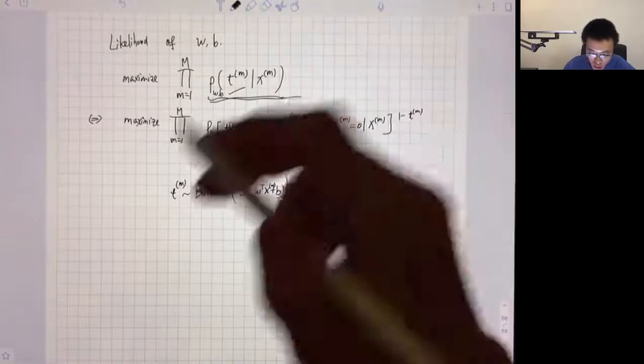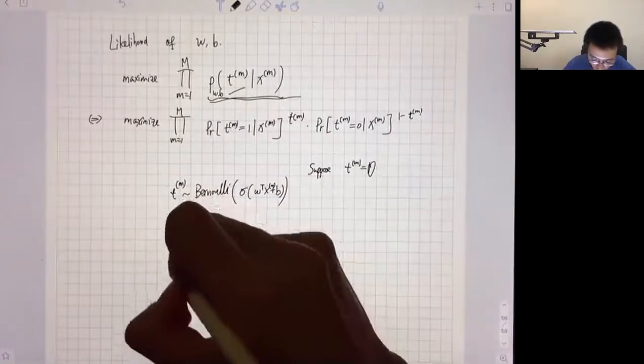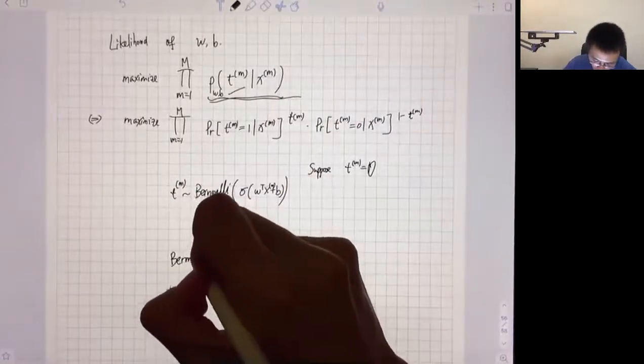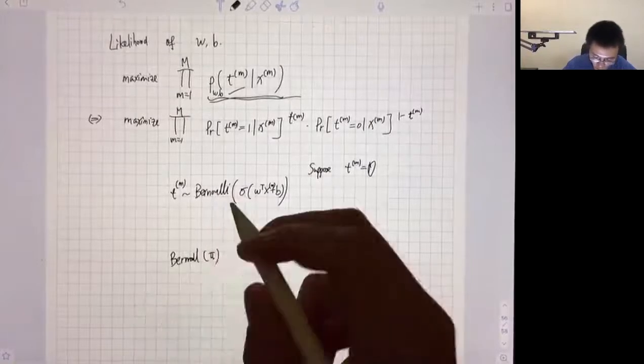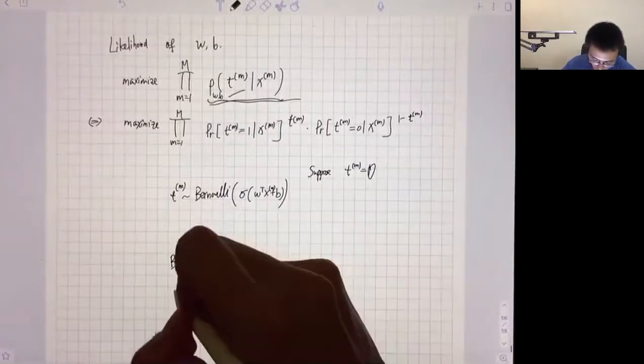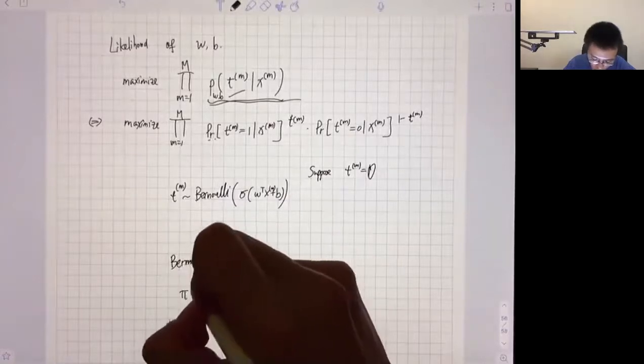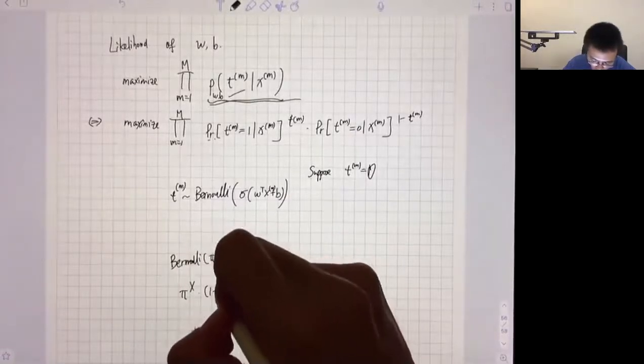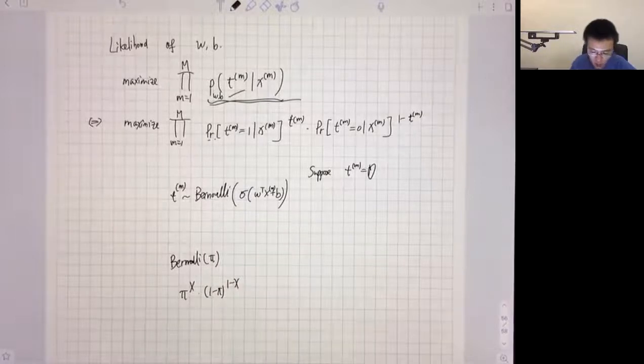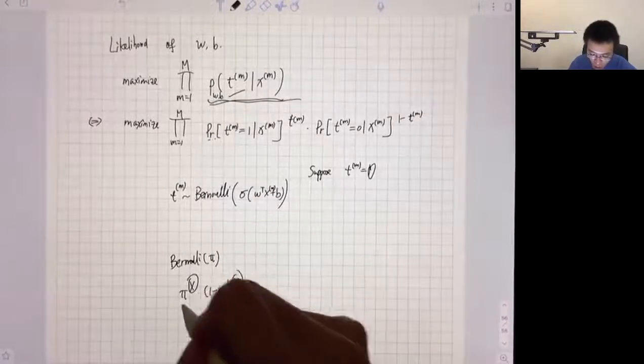The generic likelihood of a Bernoulli distribution with parameter pi is: the probability of a data sample x is pi to the power of x times 1 minus pi to the power of 1 minus x. x is your outcome, and pi is the parameter.